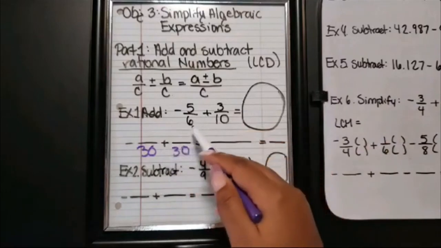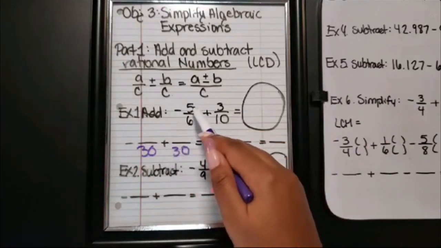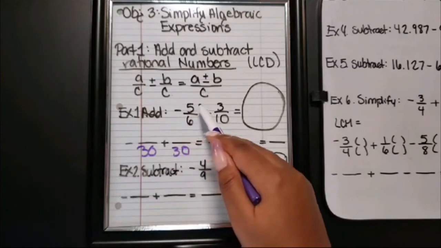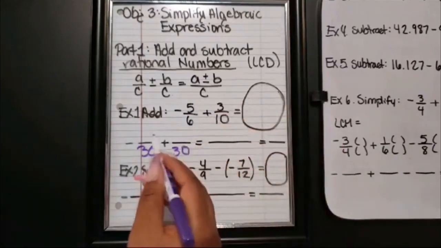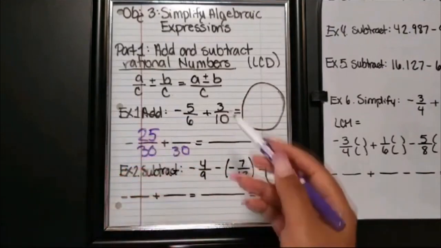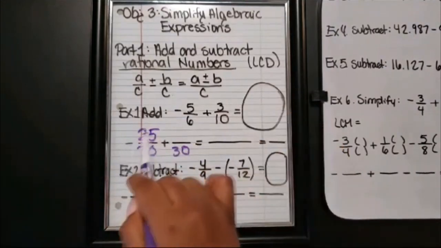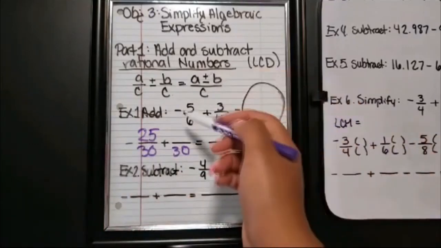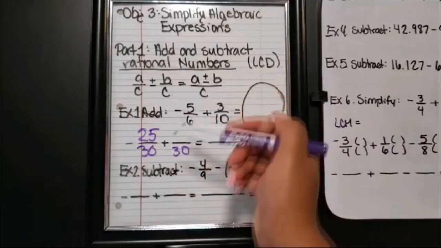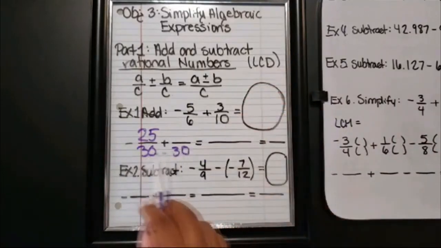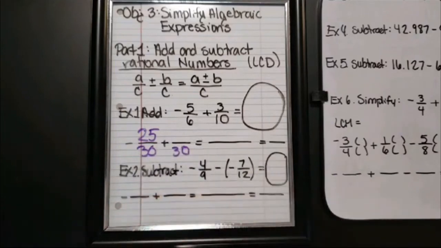But if we multiply the 6 by 5, we also have to multiply this negative 5 by 5 as well. So that will be negative 25. So our new fraction is negative 25 over 30. It has the same value as negative 5 over 6, but we changed it because we need that common denominator so that we can actually add these fractions together.